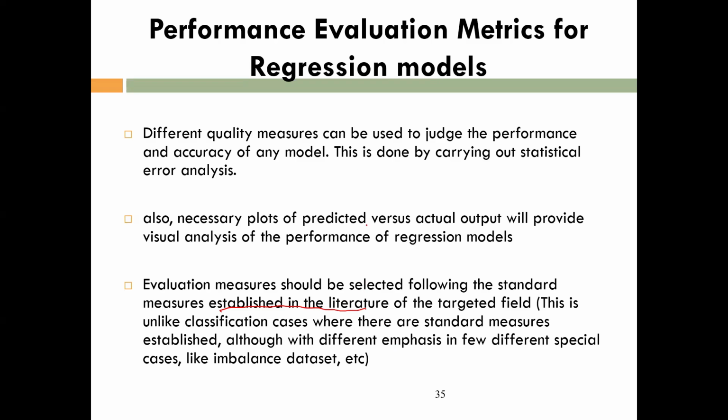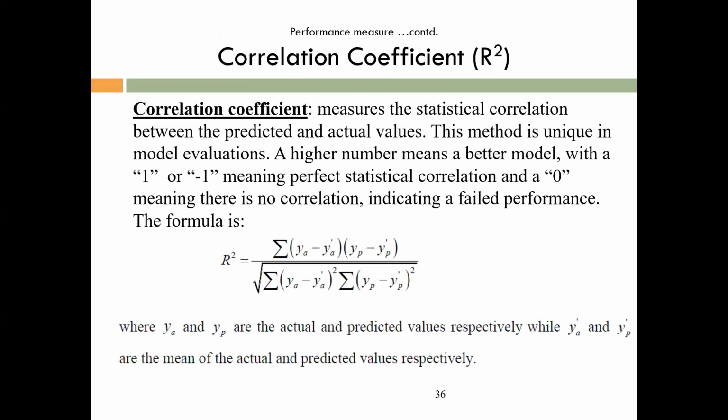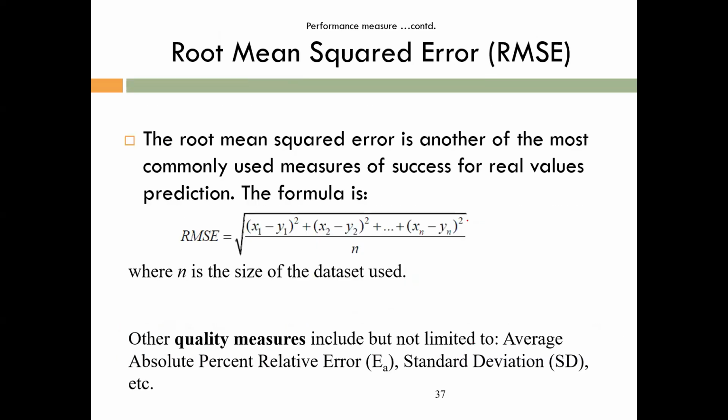And if you are the first one to work in this area, then go ahead and come up with some of the very popular ones like the correlation coefficient, and then the root mean square error, which I've explained.